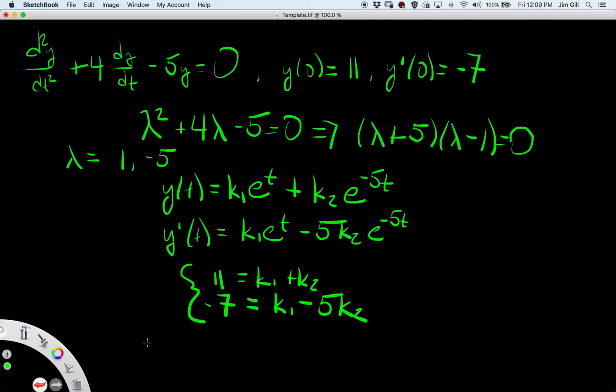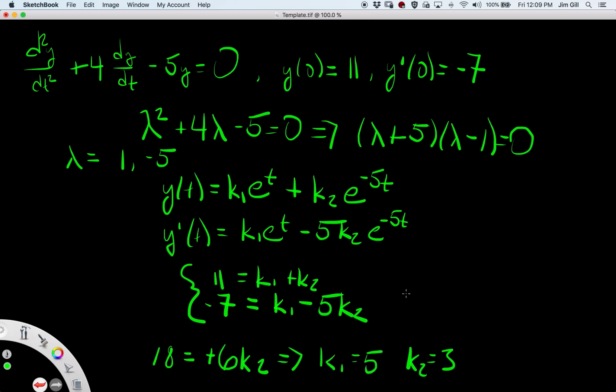We have two equations, two unknowns. We're able to solve this. Subtract the second equation from the first equation to get 18 is equal to positive 6 k2. And that implies that k2 is equal to 3, and therefore k1 is equal to 5.